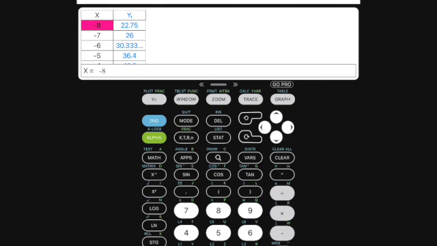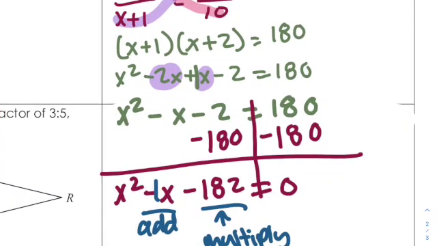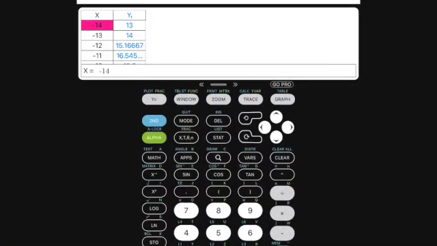Okay? So now we got to figure out which one's going to add to give me negative 1. If you look, negative 13 plus 14 gives me a positive 1, so I need to go up one more. We got to do negative 14 plus 13 to get negative 1, okay?